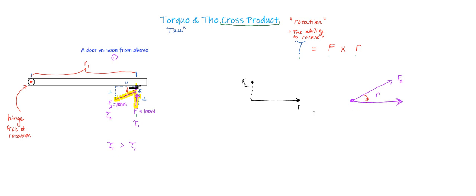point. For instance, if I had shifted f2 and r like this, I would still say that the angle between them is exactly the same. If I had an absolute 0 here along the horizontal, and I'm going to redraw it over here, these two angles individually might have changed, but the angle between them is still the same.